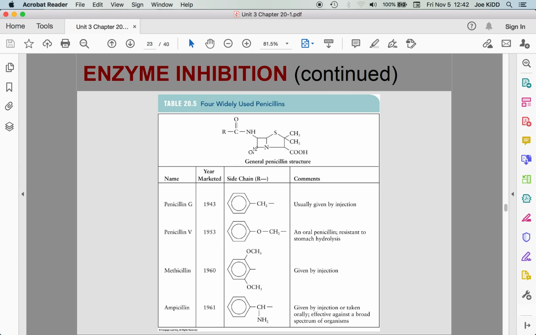And so this would be a class of inhibitors that all are similar to each other, but we know over time that we get resistance to particular penicillins, and we need to come up with slight variations that the mutations in the enzymes have not overcome yet.